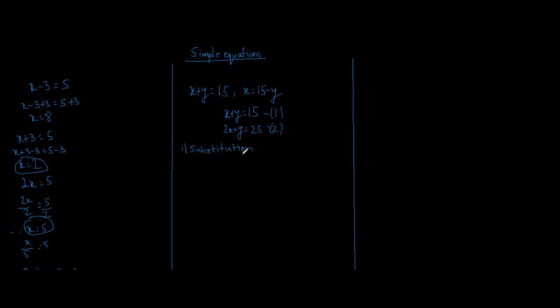In substitution, I would first take value of x as 15 minus y using equation 1, and then substitute this value of x in second equation, which would give me 2 into 15 minus y plus y is equal to 25. This is by substitution.